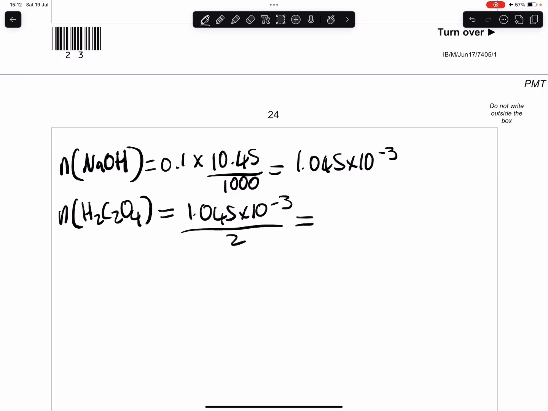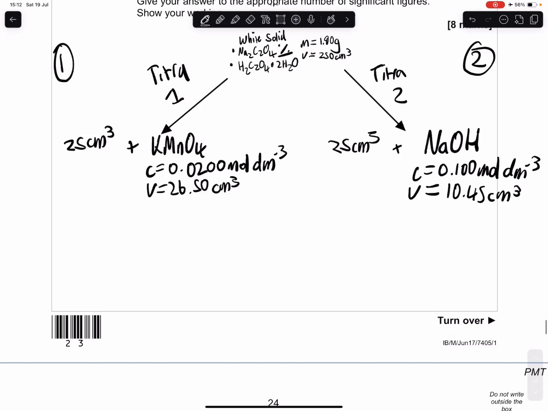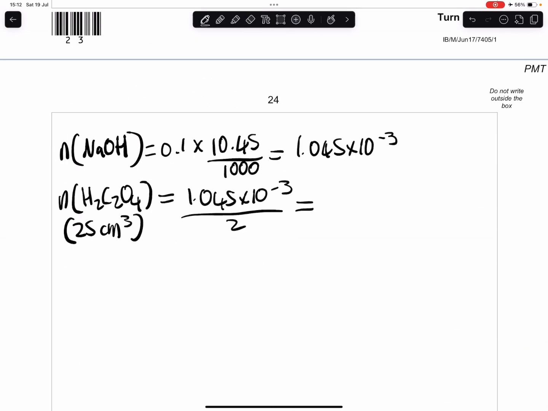But bear in mind, this is in 25 centimeter cubed. Don't forget that, because this is what reaction is going on in this titration. It's reacting with this here, 25 centimeter cubed, not the 250. It's been diluted. So that divided by 2 will give us our moles of H2C2O4, which is 5.225 times 10 to the negative 3.